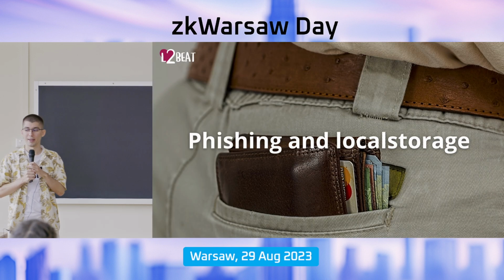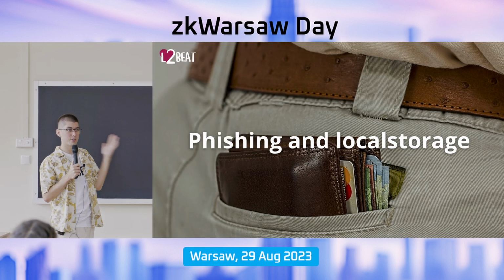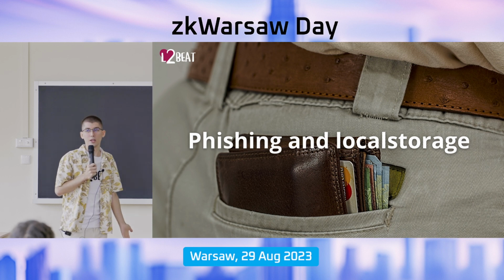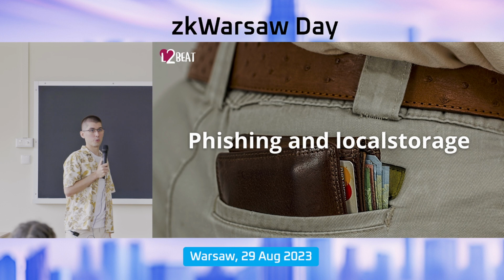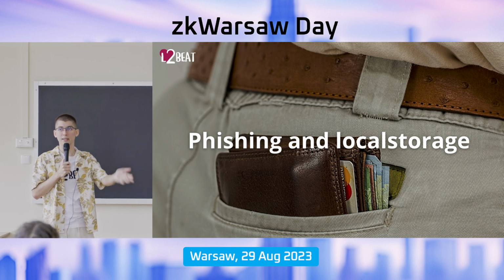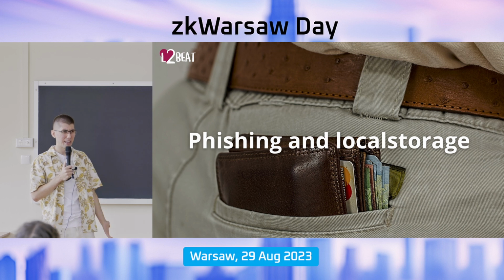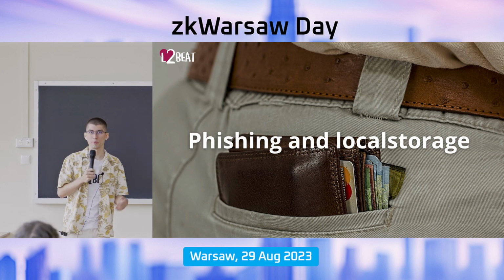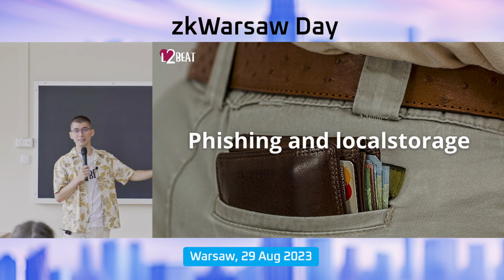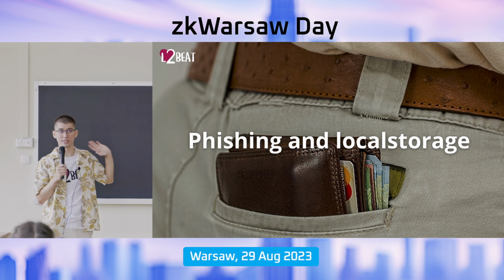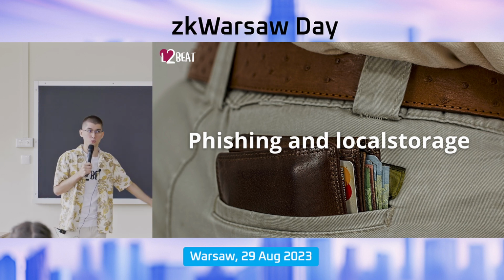Another big problem is the fact that the keys are actually stored in local storage, right? So if your computer or your application gets compromised, or someone manages an XSS, cross-site scripting, attack on the exchange, they can actually get the private keys of the users, which is also really, really bad.